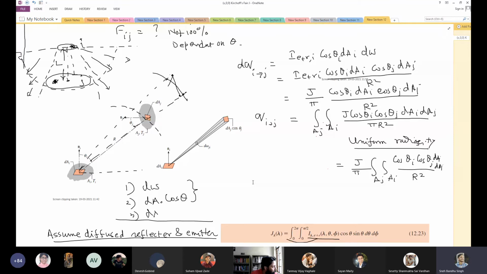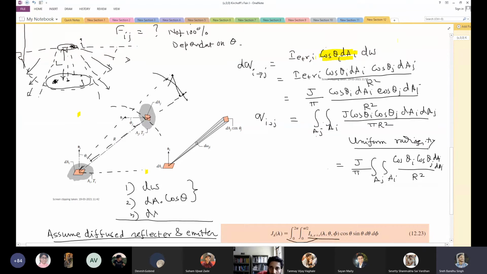While taking the projected area, we have to take the projected area of the surface which is receiving the energy. Yes, in both cases we have projected area. In one case, the projected area is needed because intensity is defined per unit projected area, for the reason I explained here: you don't see anything here, no intensity is seen here, and maximum intensity is seen here.